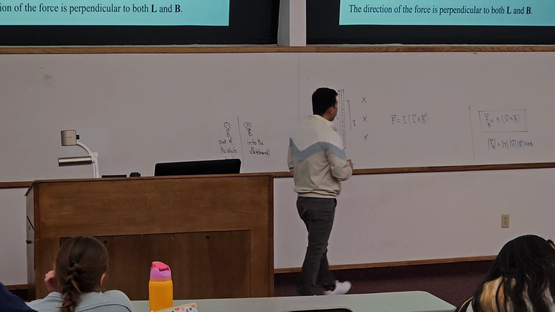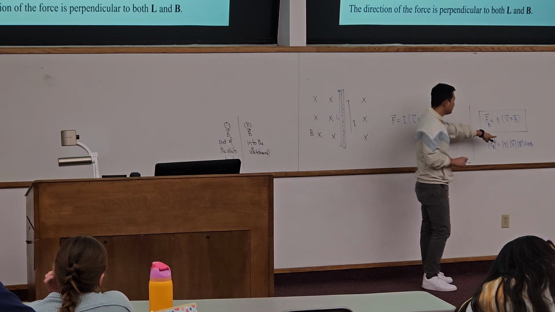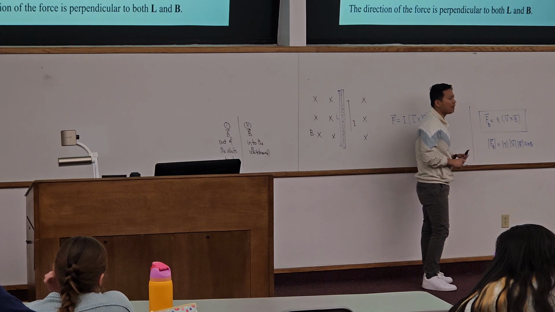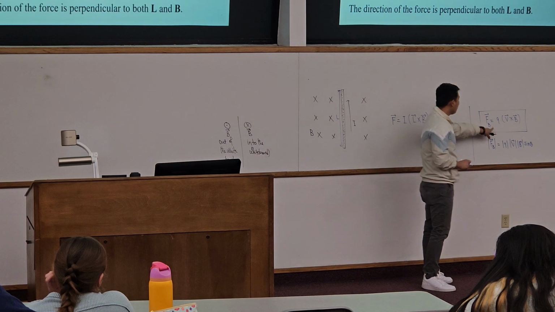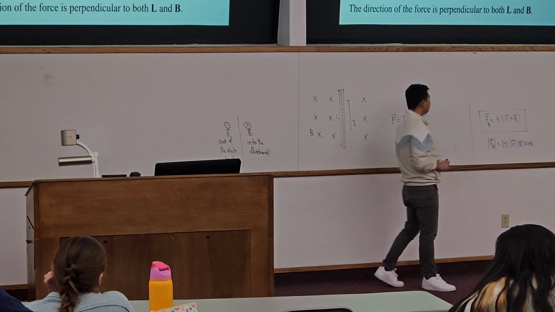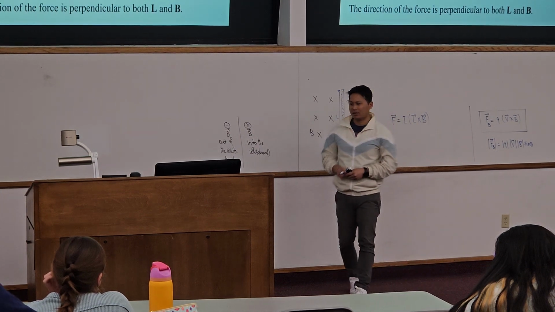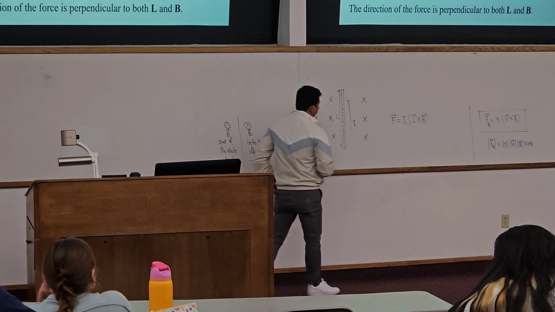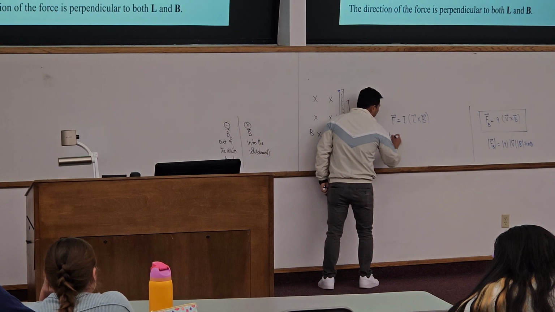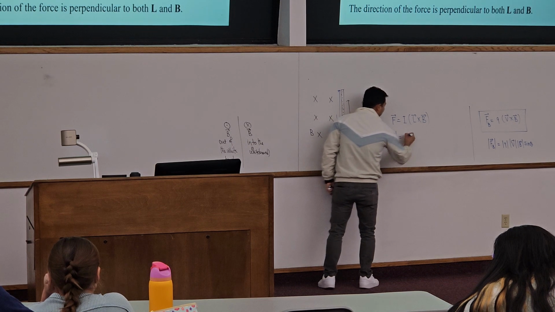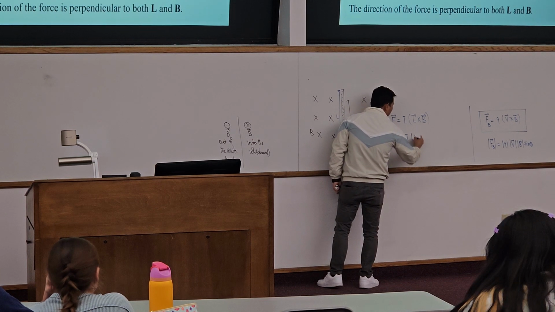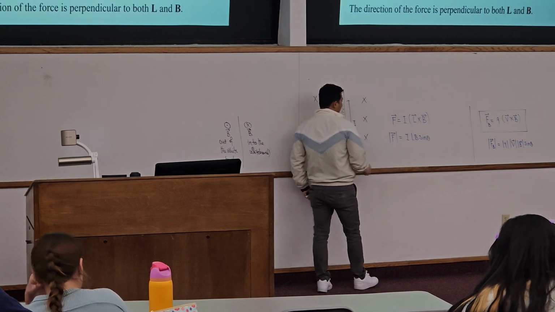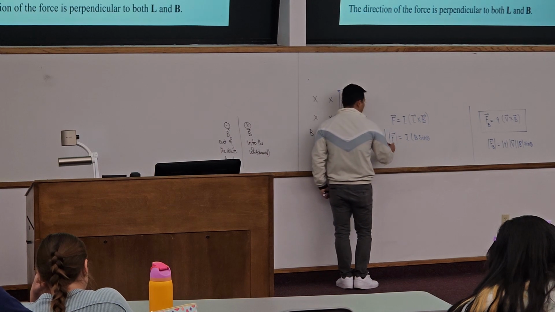You can extend it because each particle has the force of this one, and assuming that you have n number of charged particles flowing, you can derive this one. One very strange thing over here. If you want to write down the magnitude, it is given by I L B sine theta. Again, the magnitude of the force is given by this formula.